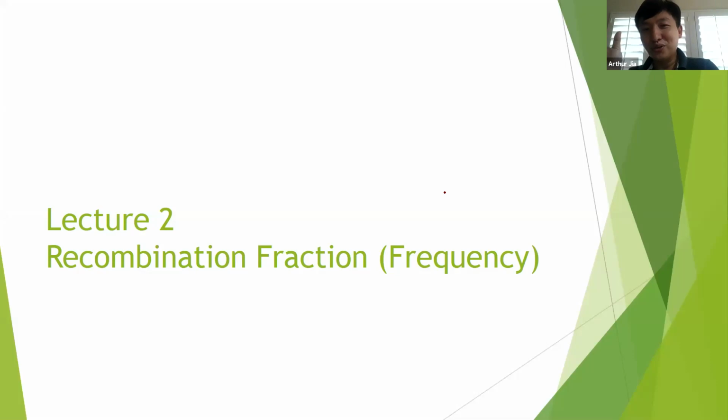If we are sure these 2 loci are linked on the same chromosome, then second, we can do the calculation to measure how far they are removed from each other on the same chromosome. So these are the two things we can do based on the recombination frequency R.